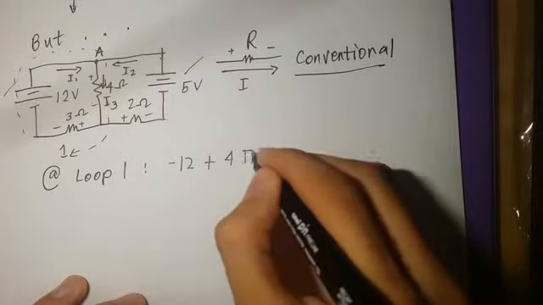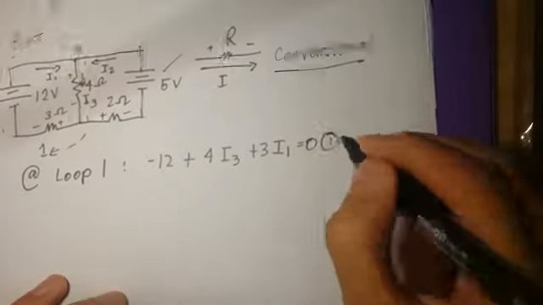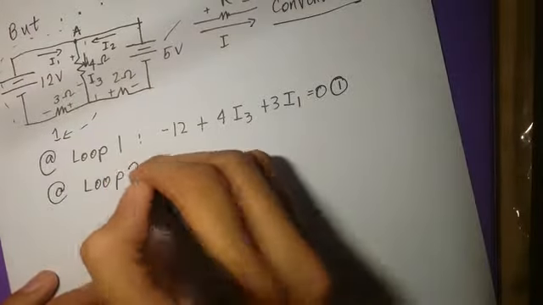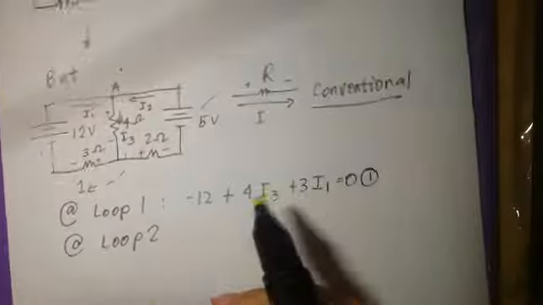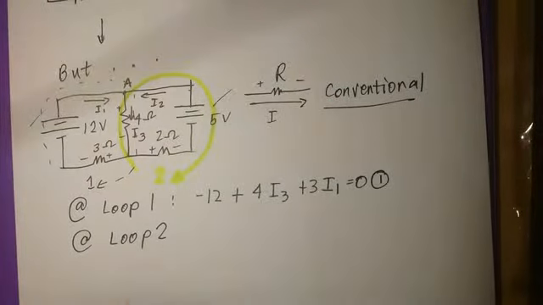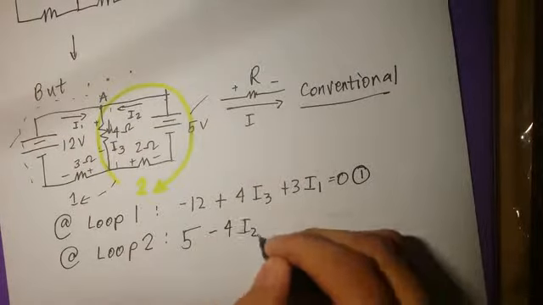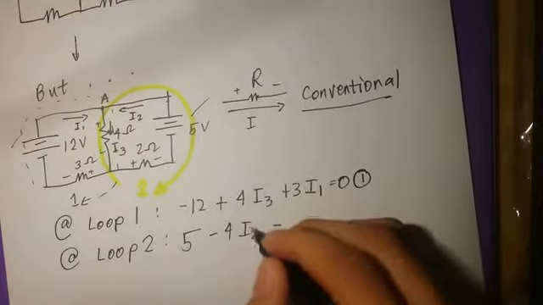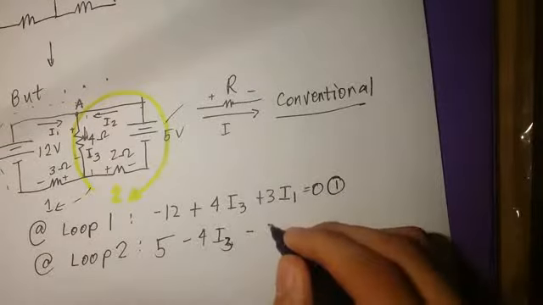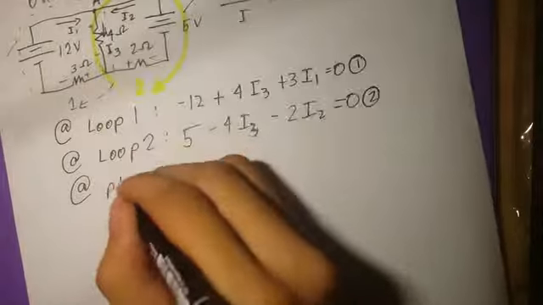At loop 1, let's represent the current entering the loop as the sign convention for all the components. So negative 12 plus 4i3 plus 3i1 is equal to 0. Let that be our first equation. At loop 2, 5 minus 4i3 minus 2i2 equals 0 for our second equation.